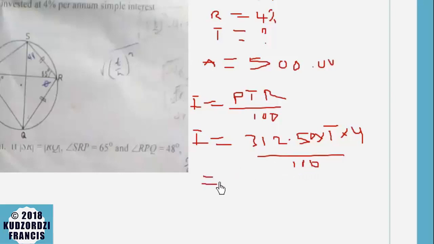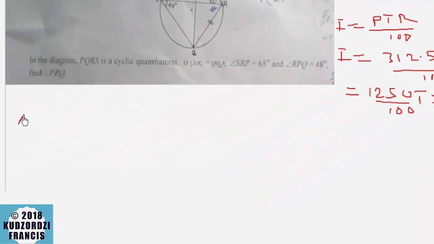So this will be equal to 1250 times t all over 100, and this will give us 12.50t. That is the interest in terms of t.